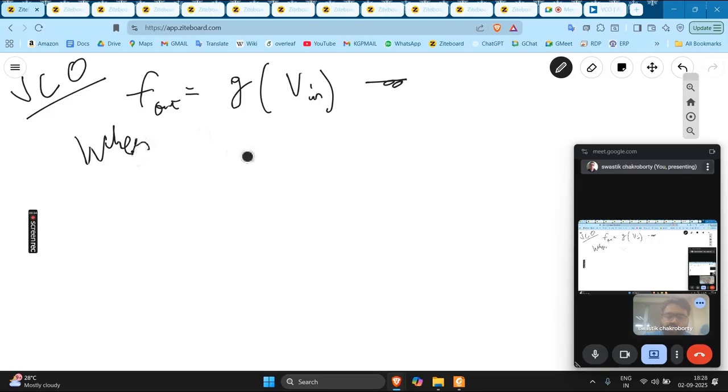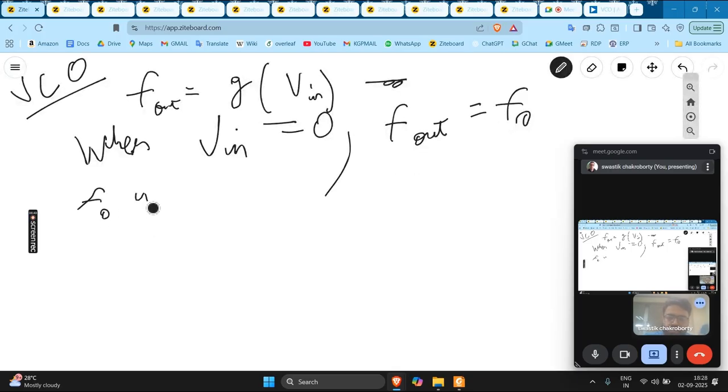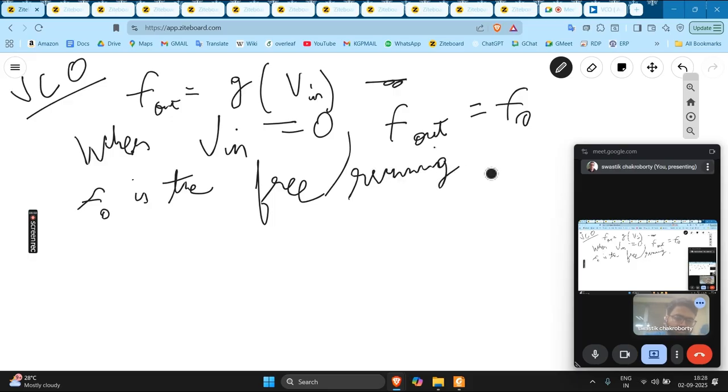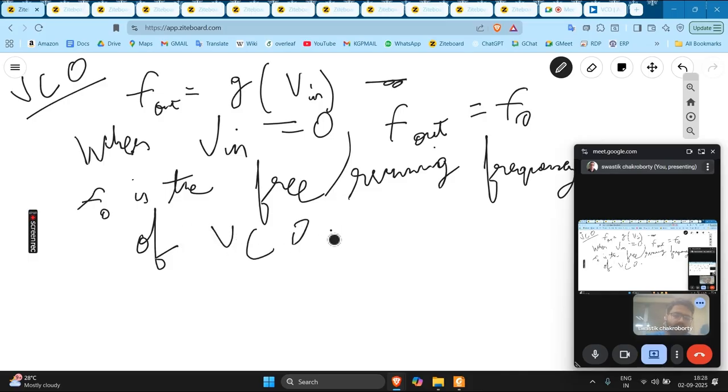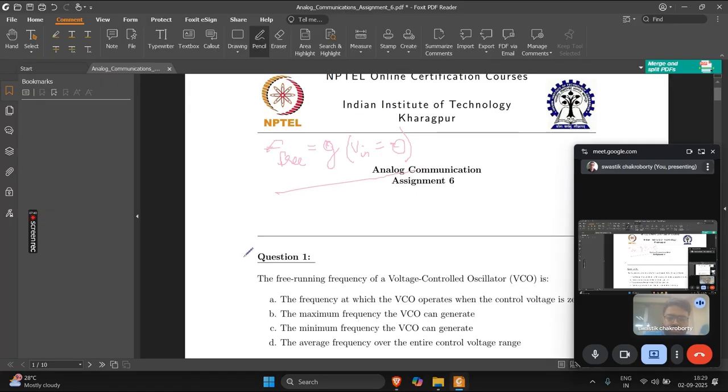When Vin is equal to 0, meaning there is no external stimulus, the voltage control oscillator directly gives an output called F naught, where F naught is the free running frequency of the VCO. So the correct answer is option A.